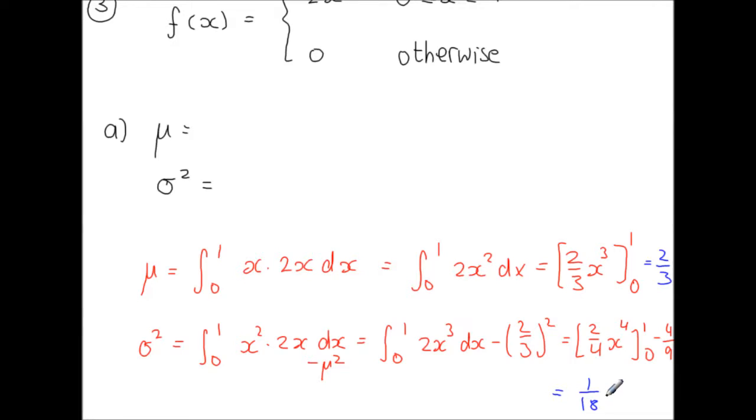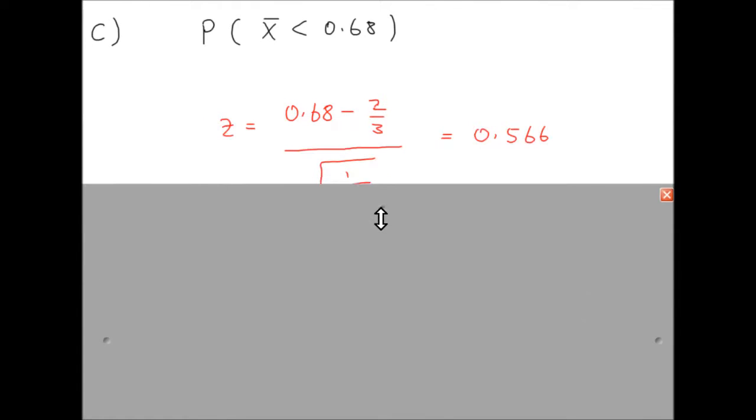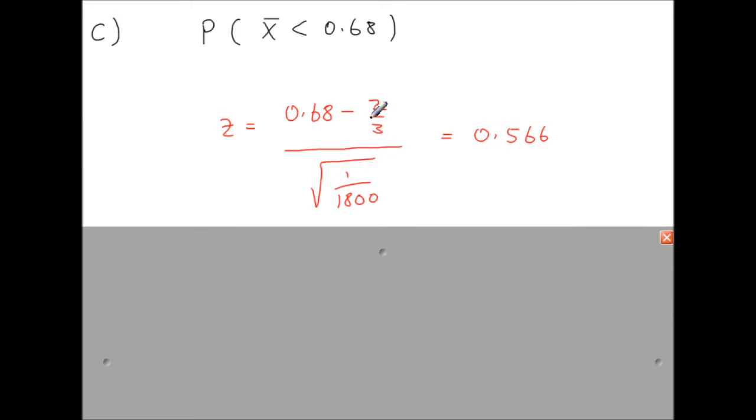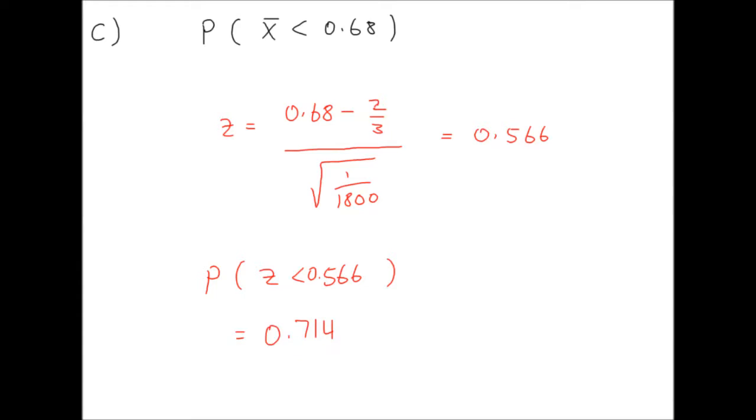We need to divide this by 100 to get the following normal distribution. And then we can calculate some probability using the normal distribution for the sample mean. So standardizing gives us the following z value. And going to the probability tables, we have this answer.